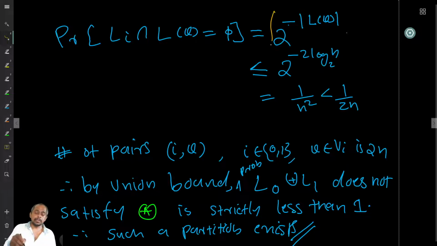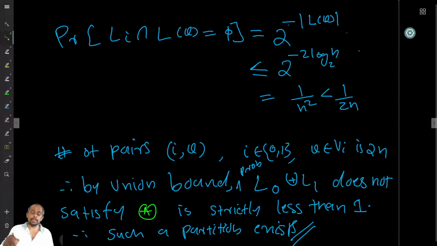So which is 2 raised to minus cardinality of L of v. Because with half probability a color is not chosen, and for every color in L of v it should happen. That probability is 2 raised to minus cardinality of L of v, which is less than or equal to 2 raised to minus 2 log n to the base 2, because cardinality of L of v is at least twice log n to the base 2.